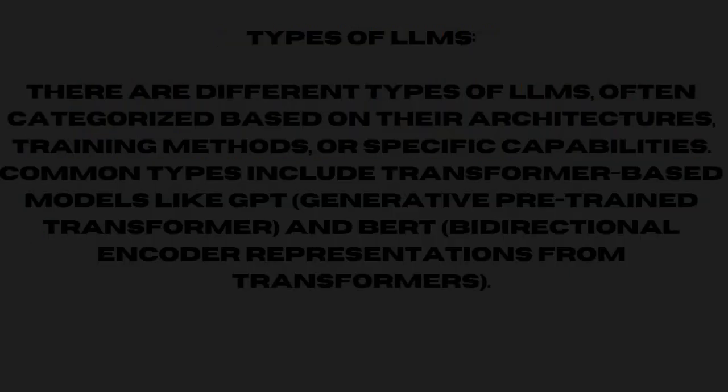Let's understand some types of LLM. There are different types of LLMs, often categorized based on their architectures, training methods, or specific capabilities. Common types include transformer-based models like GPT, Generative Pre-trained Transformer, and BERT, Bidirectional Encoder Representations from Transformers.